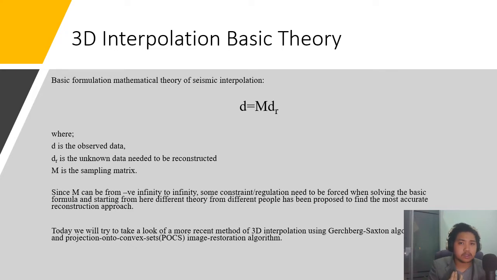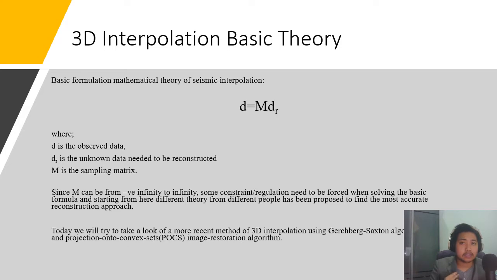Since this is a very simple formula, the M could be any value from negative infinity to infinity. So when solving this problem, some constraint or regularization needs to be enforced. And from here, we can see that different people have tried different approaches to find the most accurate reconstruction.